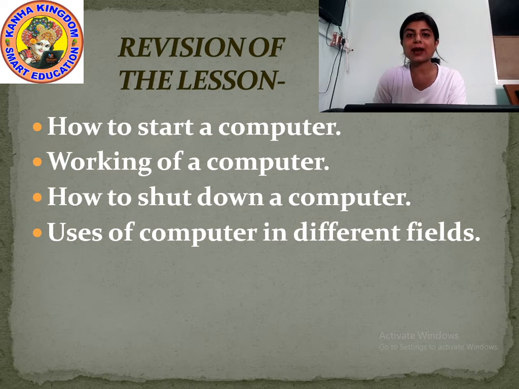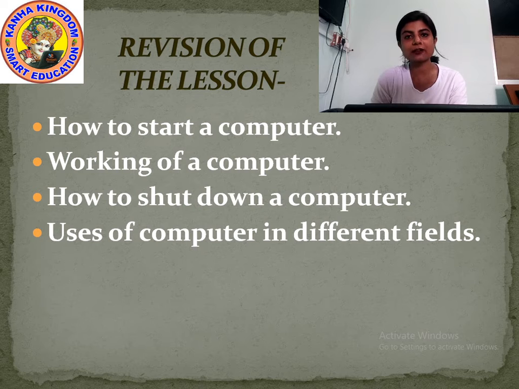And where can we see our output? What are the devices that give us output? It is monitor and printer. Okay? Then, a computer does not work on its own. Yes or no? A computer does not work on its own because it is a machine.